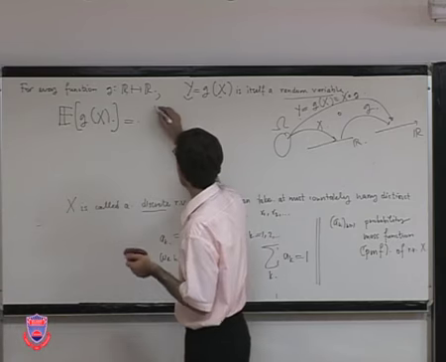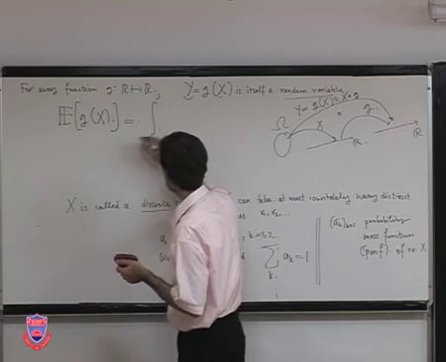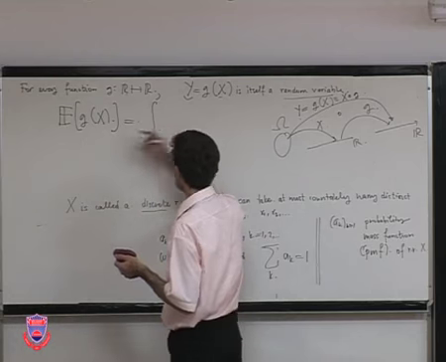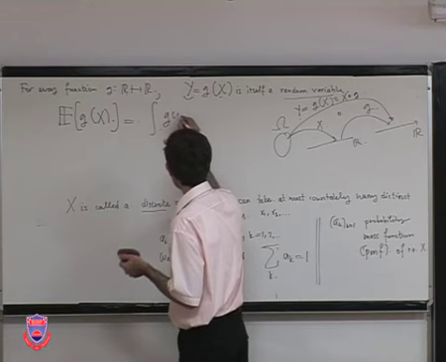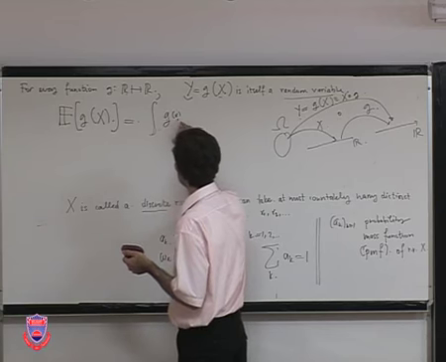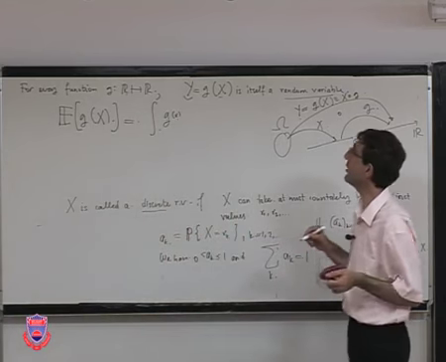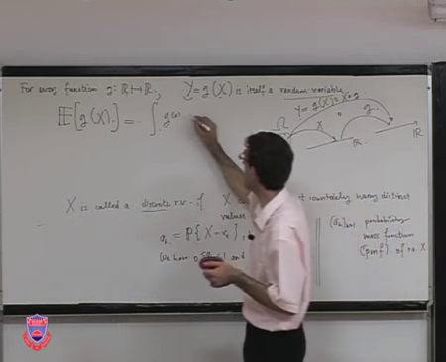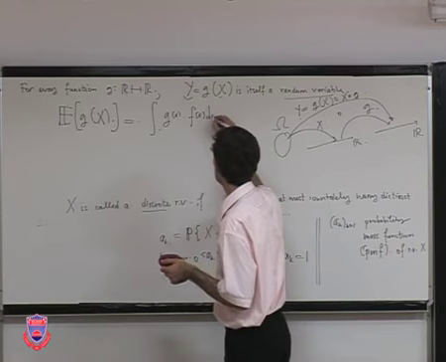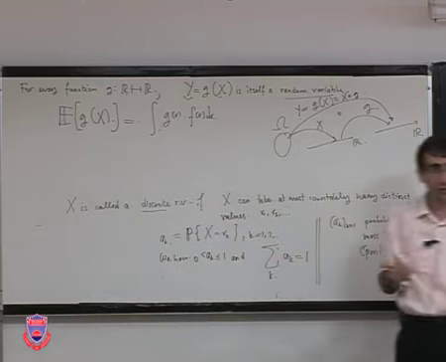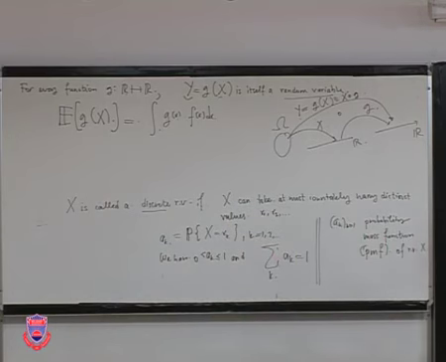But there is a shorthand way to calculate the expectation for a function of the same random variable. This is now a weighted average of the function g composed with the values that random variable X can take, times the density function of the same random variable X, dx. We will use this a lot.